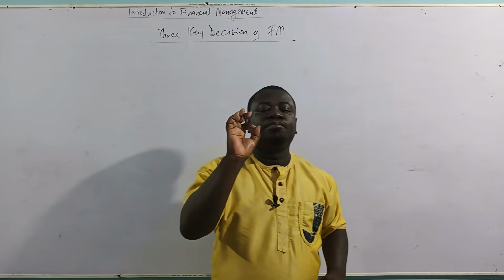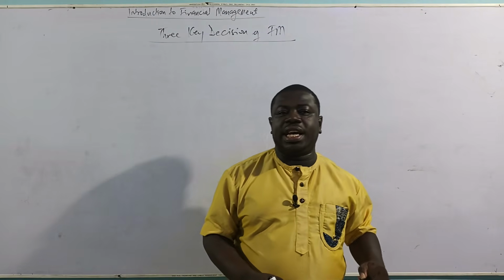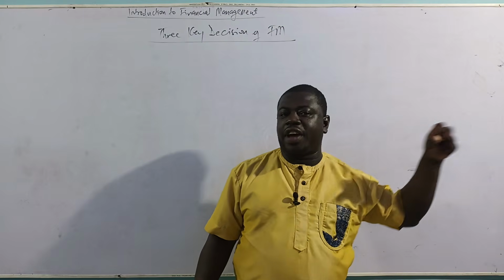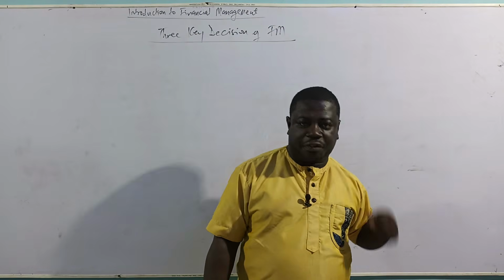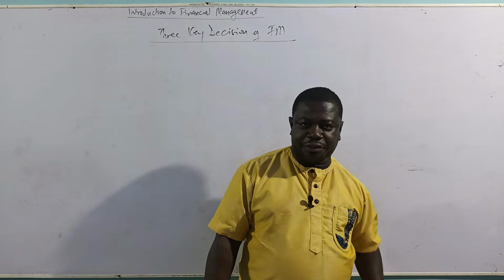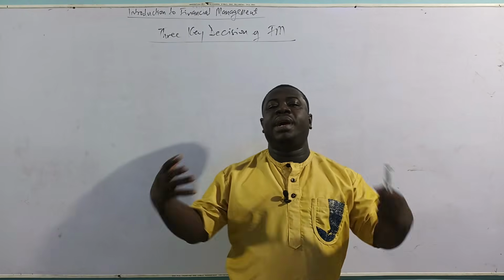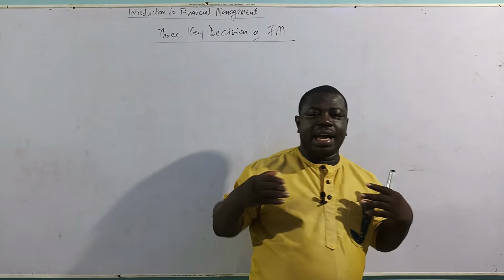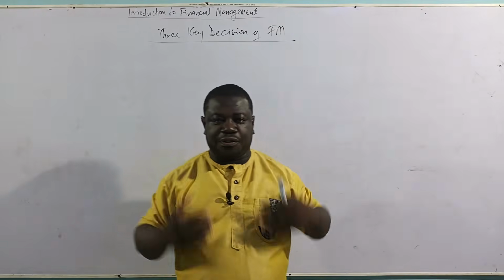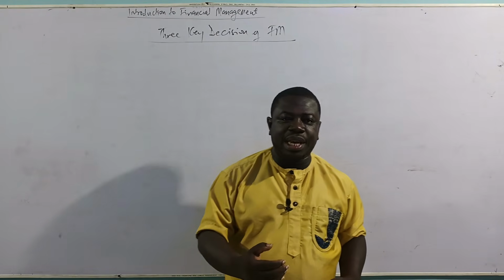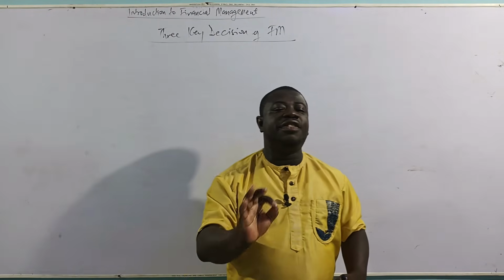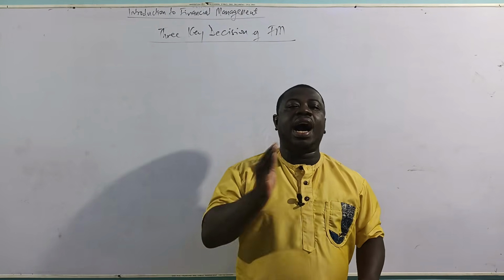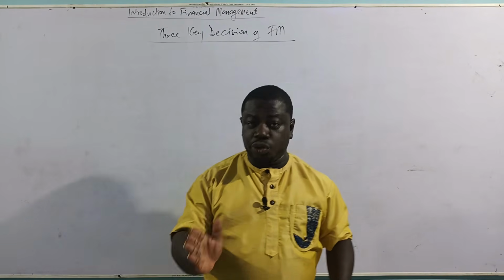In doing that, we are concerned about the inflow of finances, or funds. Where is money coming from? We are also concerned about when the money arrives, where are we going to put it? In other words, investment. And then we're also concerned about the returns from whatever investment we have made, and not just the returns, but how the returns are distributed or utilized.